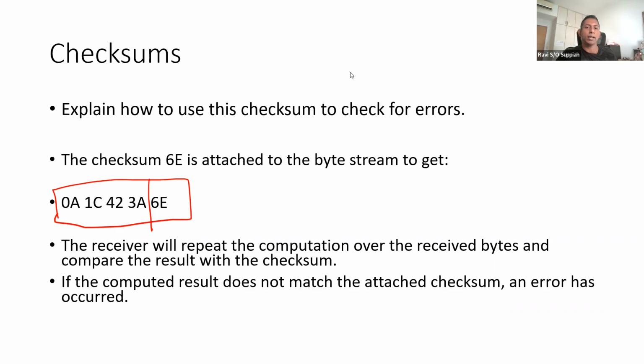Okay, but the whole idea of this checksum is I use my existing data and I use that to create a new data that is formulated using this data. That means this additional byte that I'm going to add must have come from the data packet.